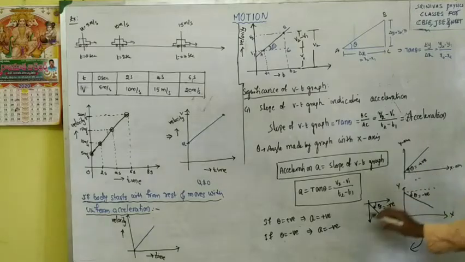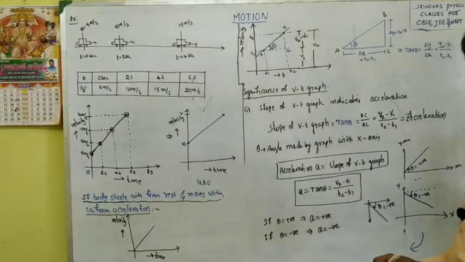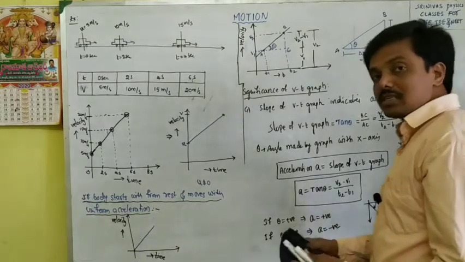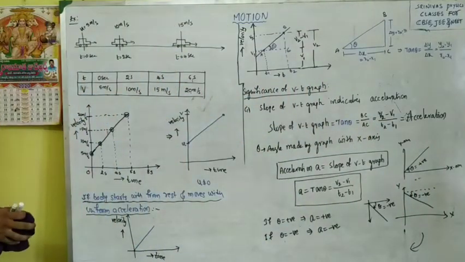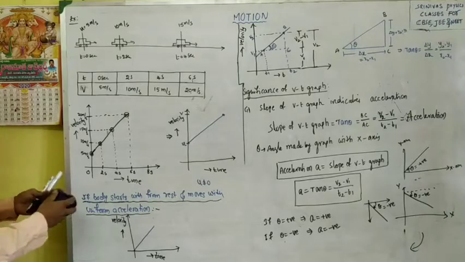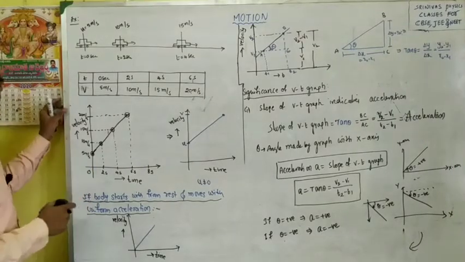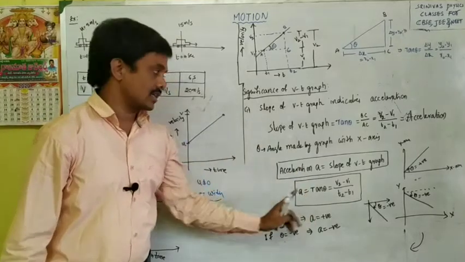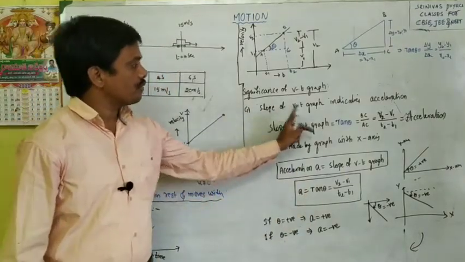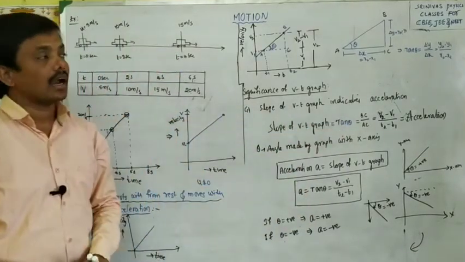When theta is positive, acceleration is positive. When a body has positive acceleration, velocity increases with time. Let us see one more. The first point is that the slope of the velocity time graph indicates the acceleration.